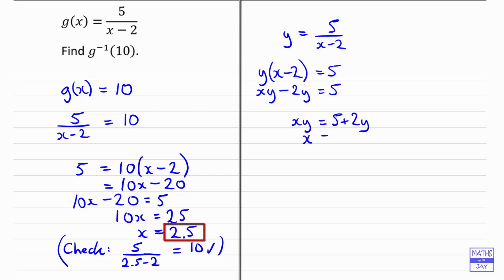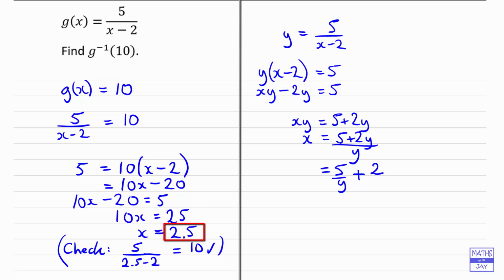And so x is 5 plus 2y divided by y. We could leave that like that, or another way of writing this would be 5 over y plus 2y divided by y. Well, you can think of that as the y's cancelling, just gives us 2 there.